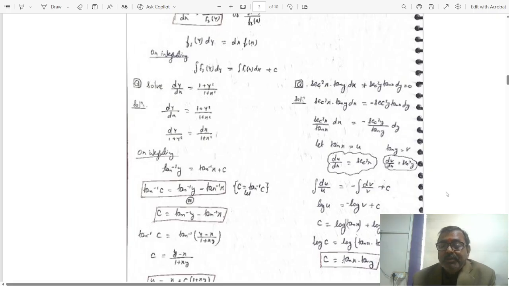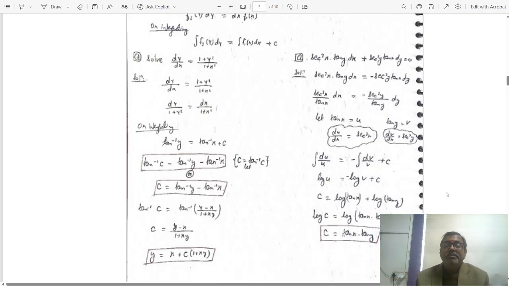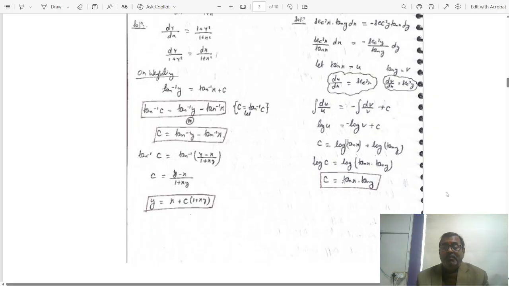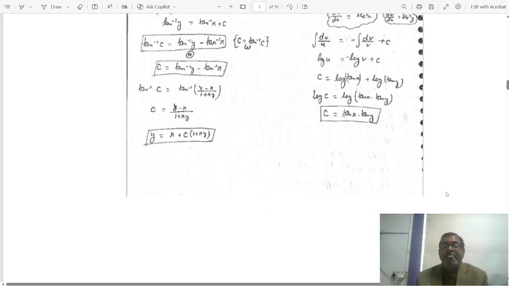Also we can write this as c equal to log u plus log v, putting the values of u and v, so log tan x plus log tan y. Applying the formula log a plus log b equals log ab, log c equal to log of tan x into tan y. On comparing, we get c equal to tan x into tan y. So that is the required solution of the differential equation by the variable separation method.